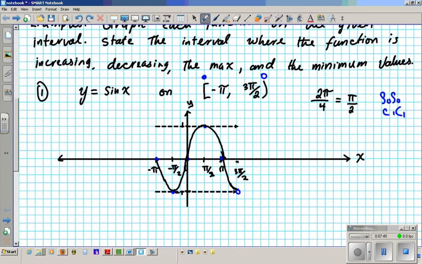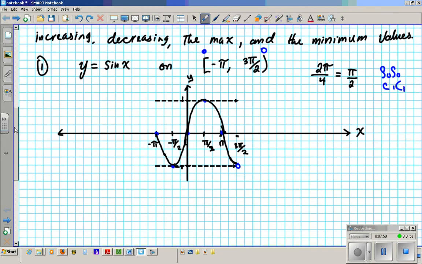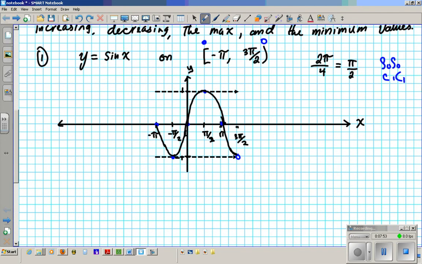Alright, now let's take the intervals where it's increasing, decreasing, and all that cool stuff. You can clearly see that from here to here, it's decreasing, and then from here all the way to there, it's increasing. The ant is walking up, and then from here all the way down to there, it's decreasing. All right.